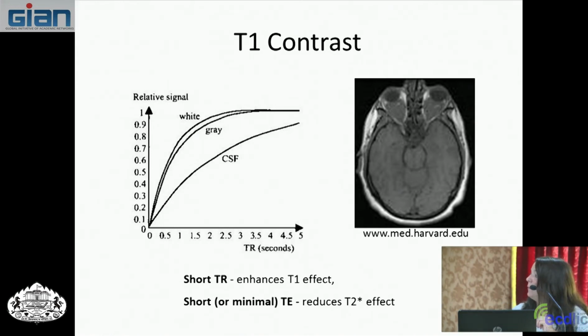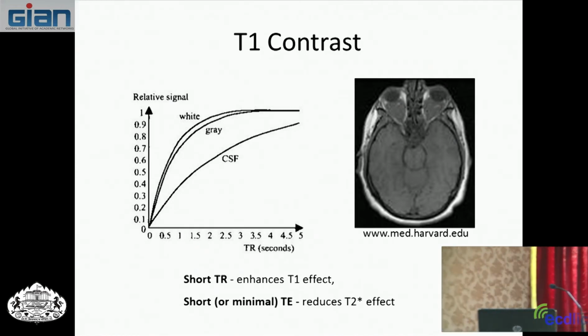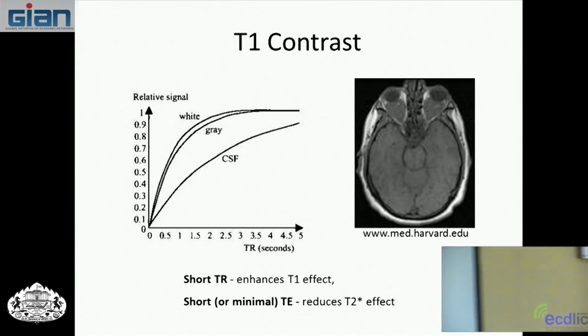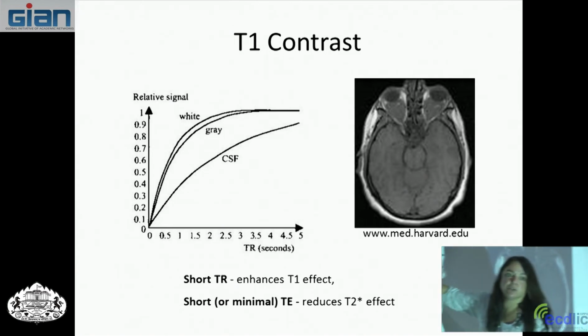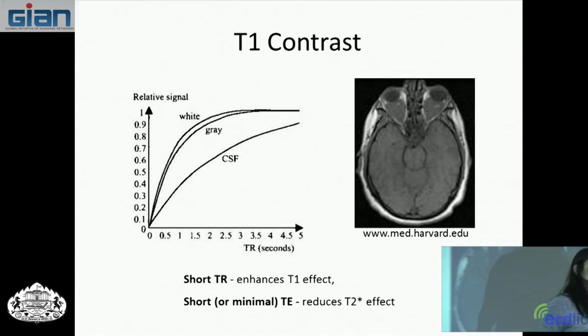So when we measure at a shorter time, we're going to be able to see the contrast between the CSF and the white and the gray matter better than if we wait a longer time. So say if we measure right here and listen here, we have this big contrast effect between these two types of tissues.